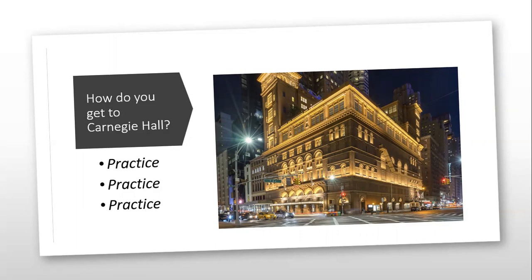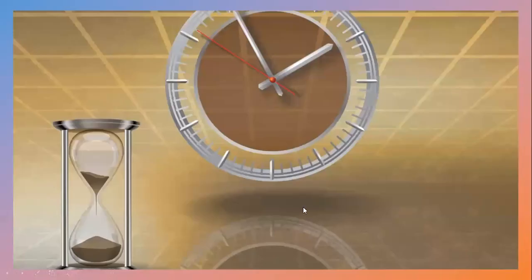Practice, practice, practice. If you want to get on stage, you better be a great musician. If you want to be a great coach, you have to practice, practice, practice. This goes for all of us. No matter how good you are now, you probably could be better. So if you're spending a fair amount of time on your practice, you'll become a great coach sooner.